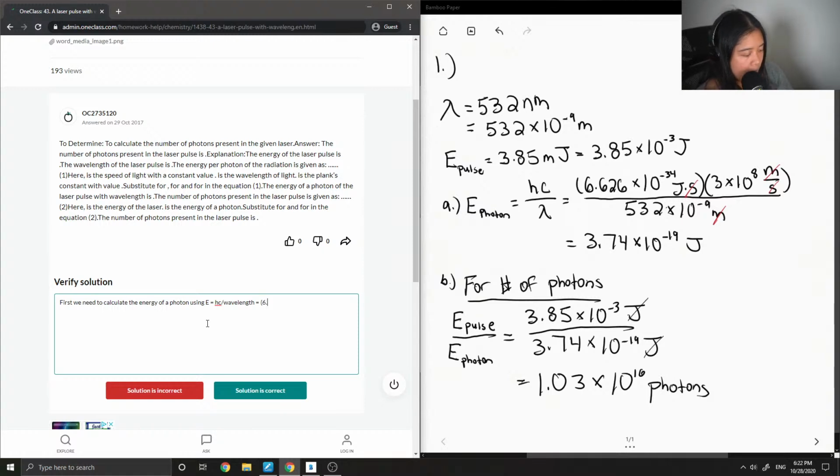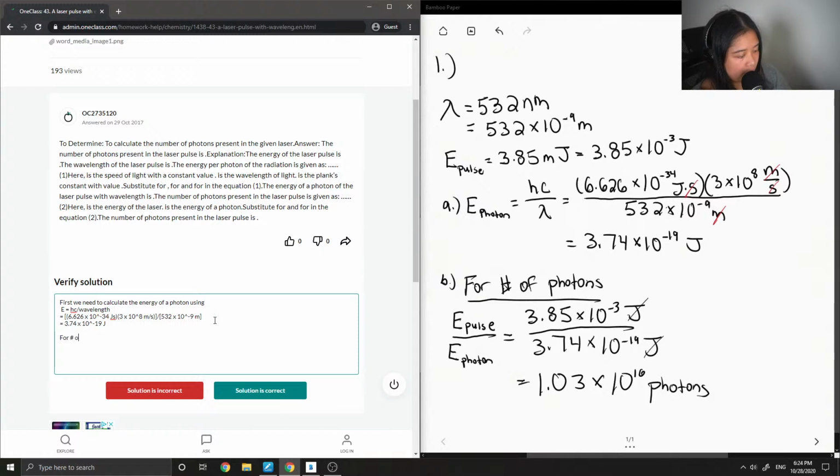I'll just put in the values, in square brackets, which is equal to 3.74 times 10 to the power of negative 19 joules.